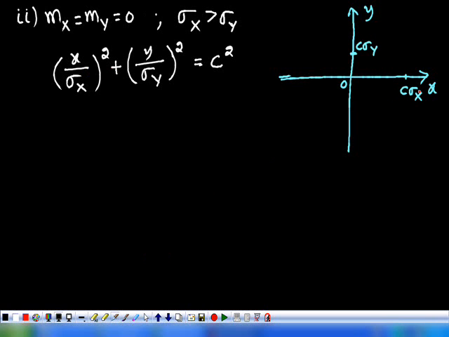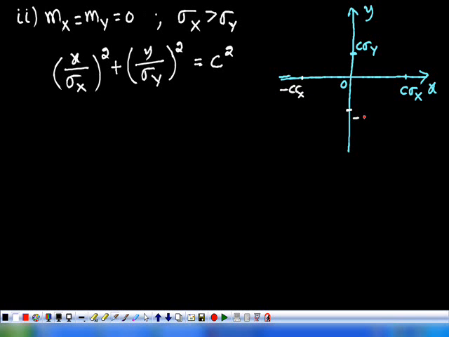So here we are letting sigma x is greater than sigma y. So definitely this radius is more. This value will be minus c sigma x.